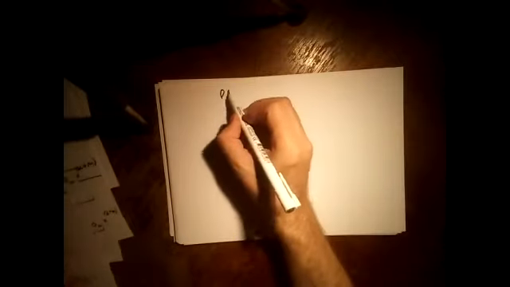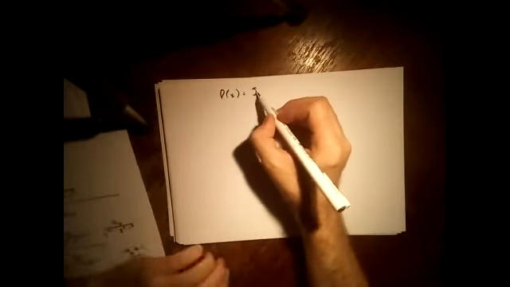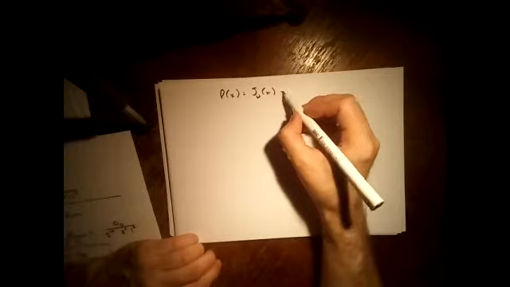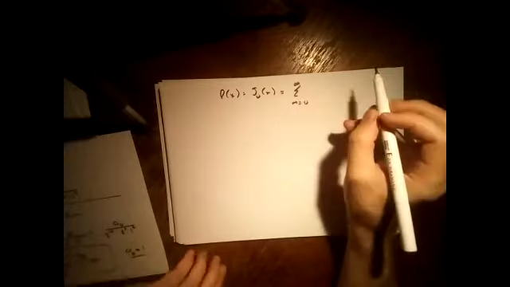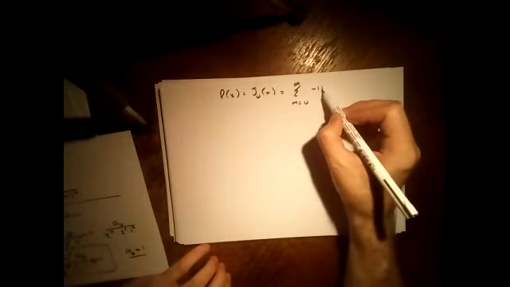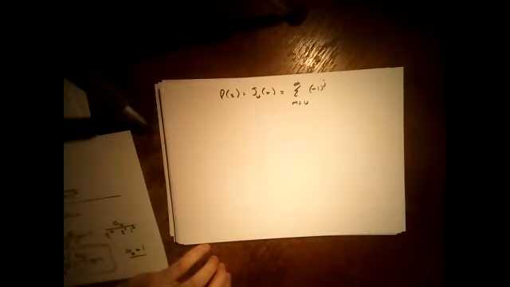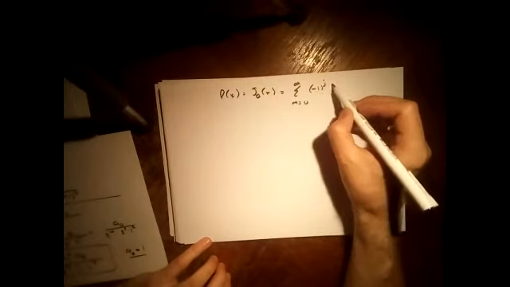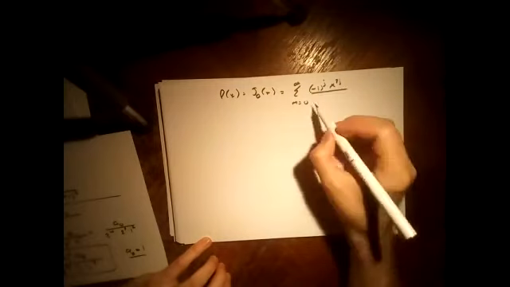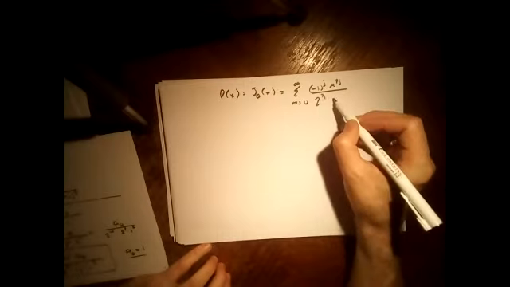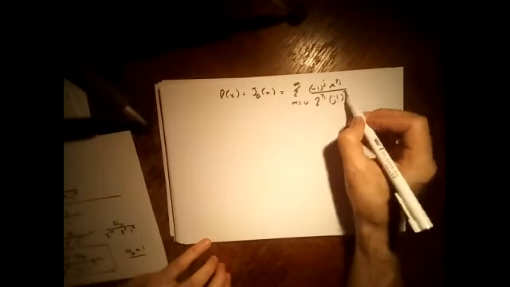So our p of x, which is really the J0 of x Bessel function, is the sum from j equals 0 to infinity of minus 1 to the power j, x to the 2j, divided by 2 to the 2j and j factorial squared.